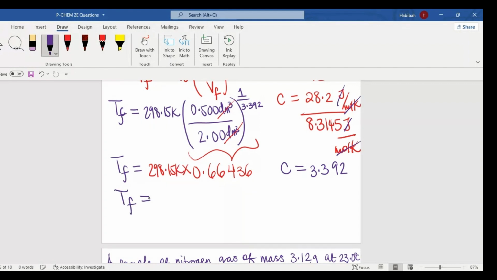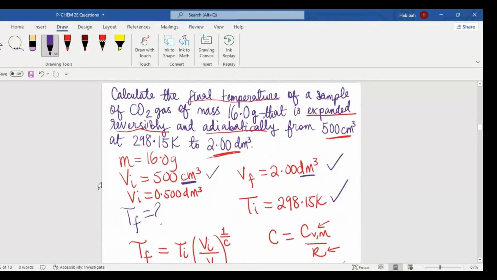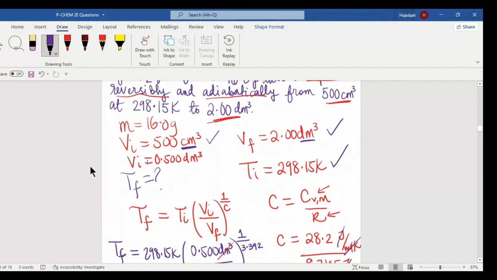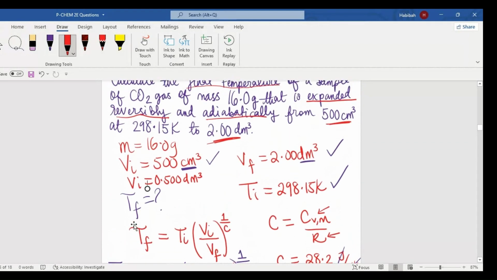When we input this information in our calculator, we end up getting 198.0779 Kelvins. And as you can see, our question for initial temperature was given to us in two sig figs. So we end up putting this information in two sig figs. So the T final ends up becoming 198.08 Kelvins. So this is in two decimal places, just like our initial temperature was given.